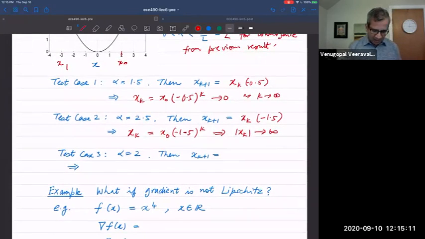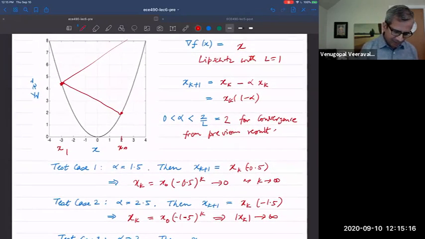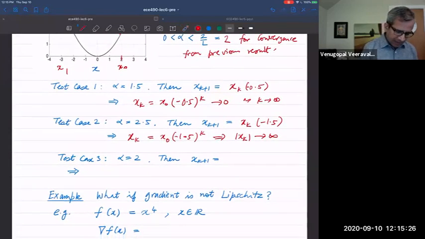Now let's see what happens at the boundary. Maybe this was too conservative, but let's see. If alpha equals 2, the boundary 2 over L in this case, then xk plus 1 is xk times minus 1, which means that xk equals x0 times minus 1 to the power k.